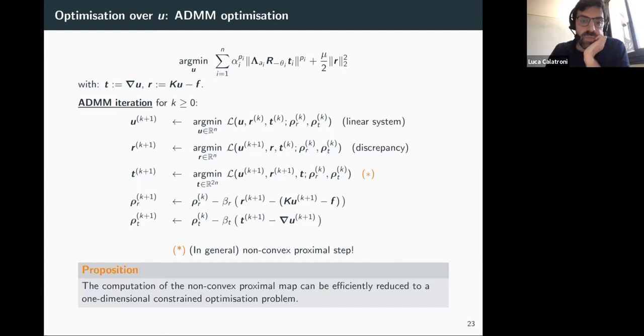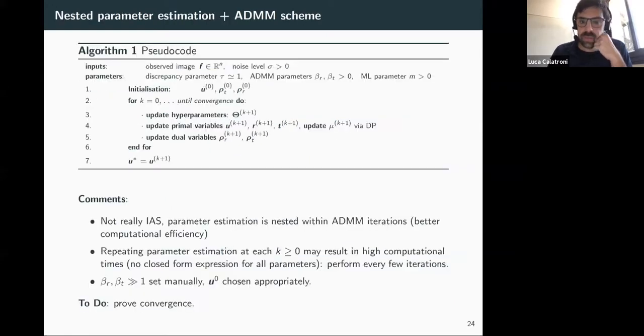We cannot hope for an explicit expression, but what we showed is that we can anyway simplify this optimization problem, reducing it for each component, each gradient component, to a one-dimensional constrained optimization problem, which simplifies the computations.